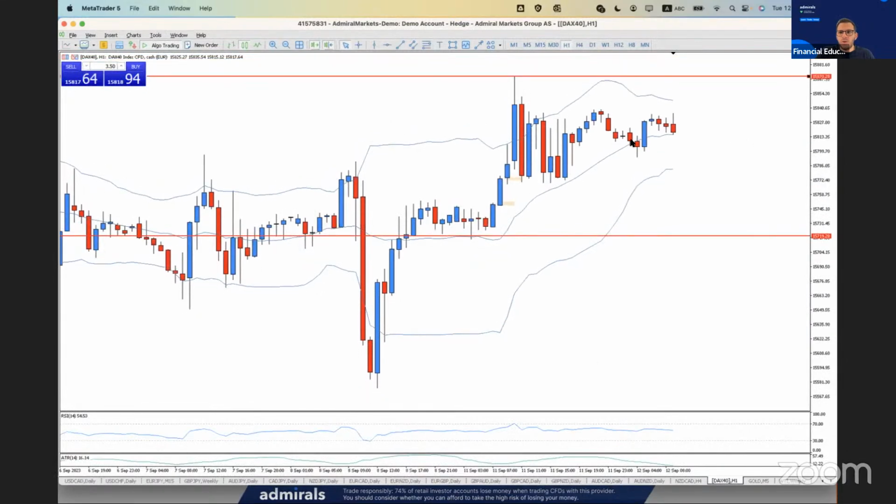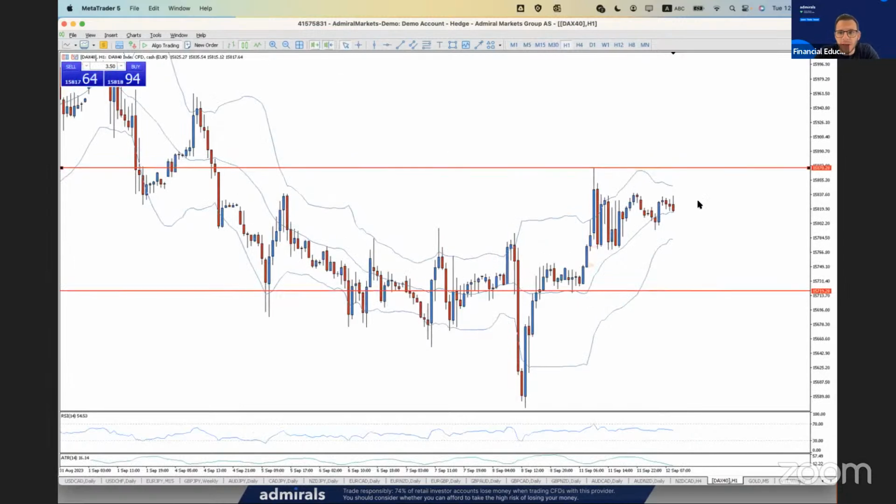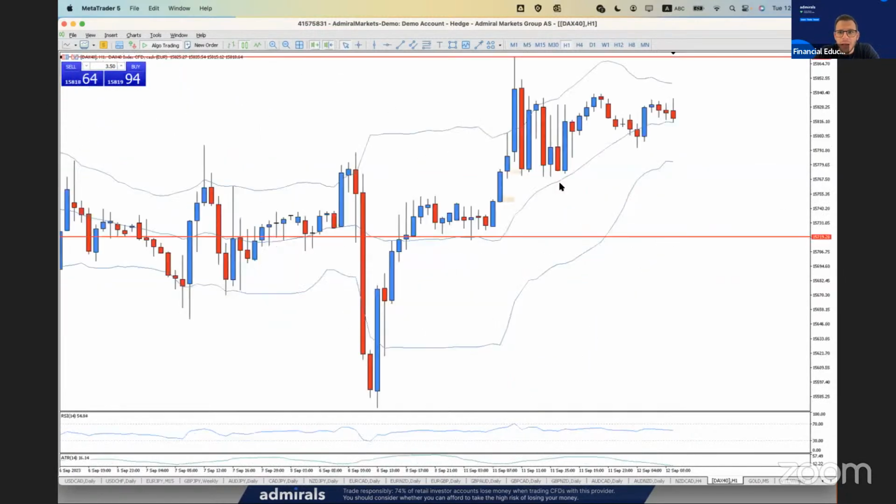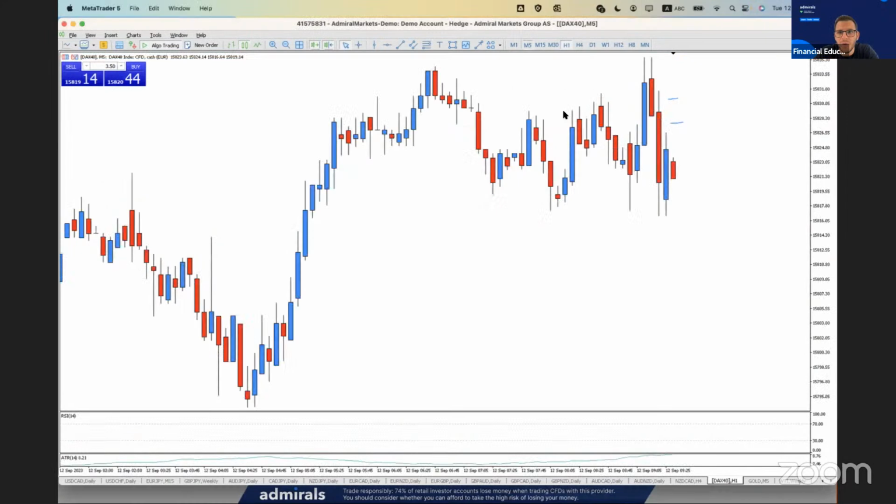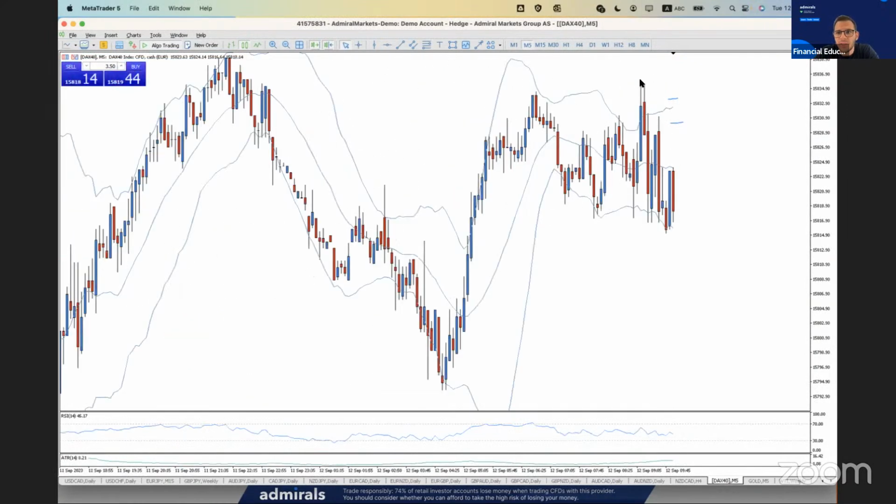If you want to use the hourly chart, like this one here, instead of the 5-minute chart, the swing on the 5-minute chart is the high of the hourly chart, the swing high, and the low of the hourly chart. So if you go on the 5-minute chart, this high here and this low here is the hourly price action. Okay.